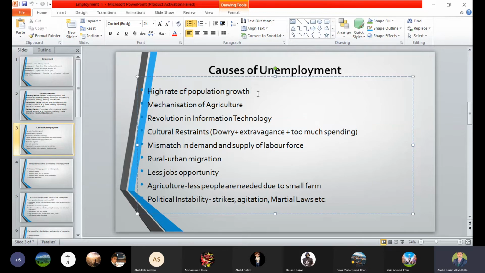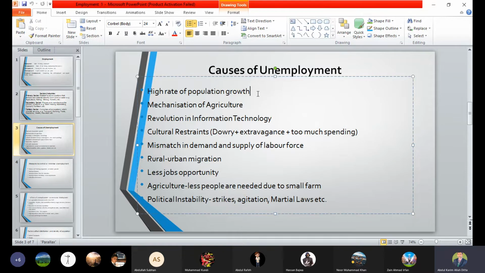As the population is increasing, resources are not being used fully. We have the same resources which we had 20 years ago, and the population has increased a lot. So do you think unemployment will increase or not?